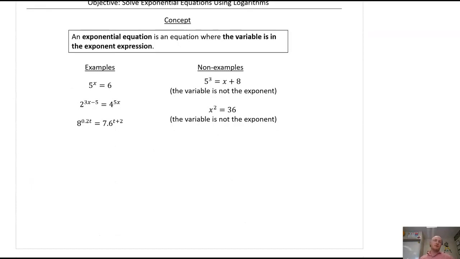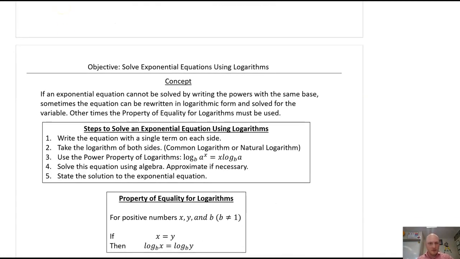Here's a reminder of what an exponential equation looks like. It is an equation where there's a variable in the exponent expression. We have trouble solving exponential equations because the variable is in the exponent, which is so much different than how we've solved equations in the past. To undo that, we have to use the inverse of exponentials, which is logarithms.